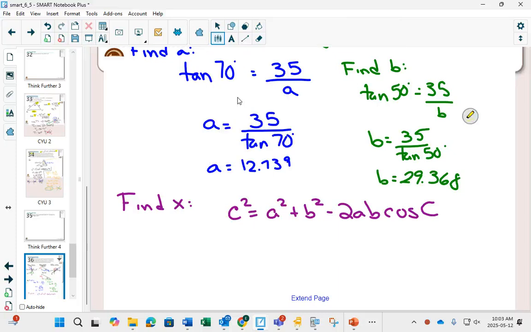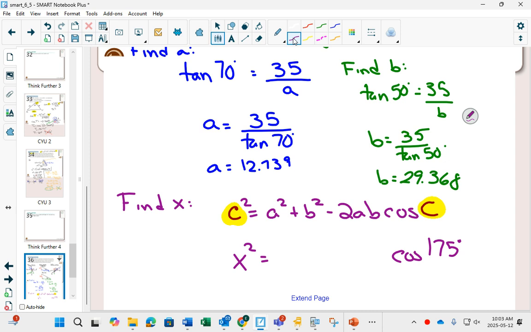However, the most important thing is that whatever we're solving for, whatever angle, always goes with that opposite side. So for us, switch back here to purple, we're solving for x. So the angle that went with x was that 175 degrees.